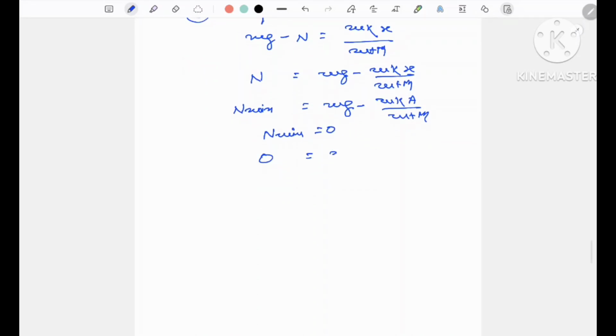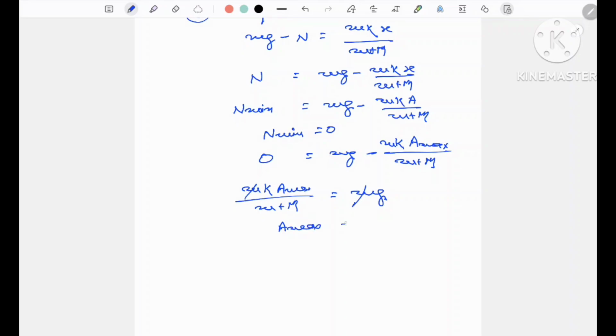So 0 is equal to mg minus m k A max by (m plus M), or m k A max by (m plus M) is equal to mg. The m cancels, so A max is equal to g (m plus M) by k.